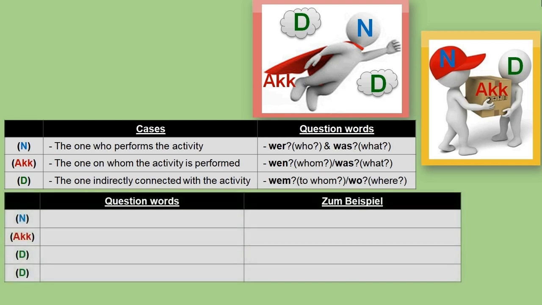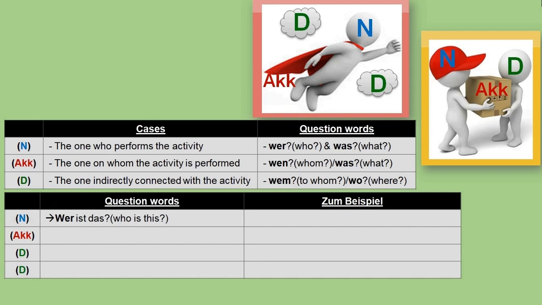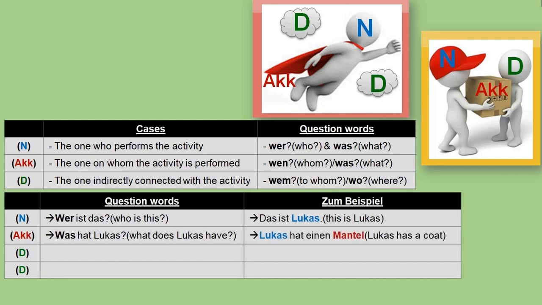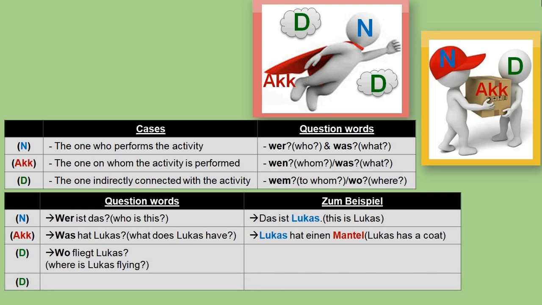Let's see some example sentences. Wer ist das? Who is this? Das ist Lukas. This is Lukas. Was hat Lukas? What does Lukas have? Lukas hat einen Mantel. Lukas has a coat. Wo fliegt Lukas?